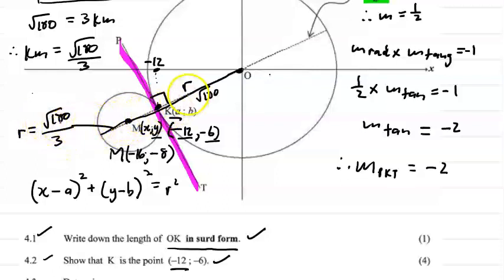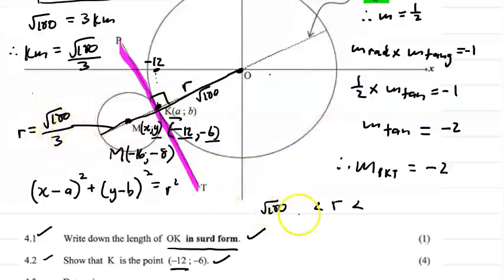So therefore, r must be greater than square root of 180, and it has to be less than, remember, if it wants to cut the smaller circle at 2 points, so it has to be firstly greater than square root of 180. So therefore, if it wants to cut the circle at 2 times here, it has to be now less than square root of 180 plus root 180 over 3.